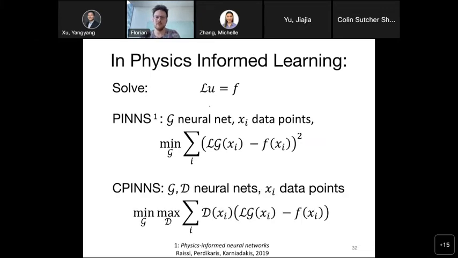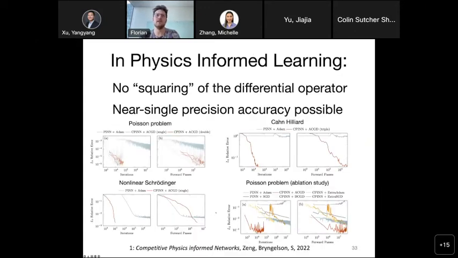We found that if we instead use a discriminator-generator type of architecture, where we have a discriminator D that for each point tries to predict whether the PDE is going to be undershot or overshot, so whether the residual is positive or negative, we replace the penalty with this kind of nonlinear Lagrange multiplier. Because this allows us to avoid the squaring of the differential operator that is inherent in penalty-based methods, we can oftentimes get much higher accuracy when using this competitive formulation together with CGD.